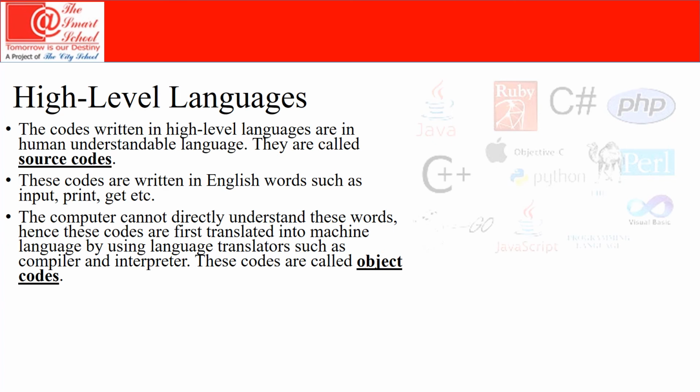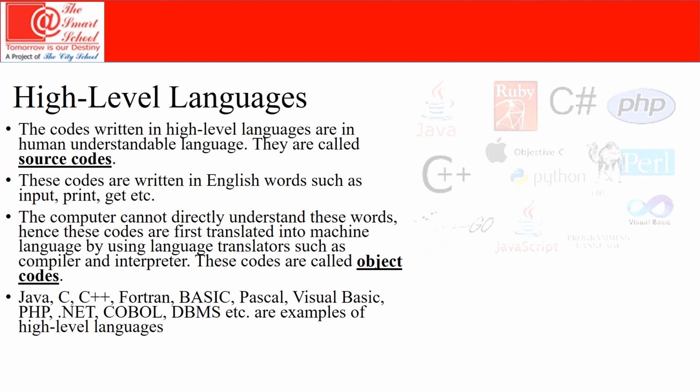Hence, these codes are first translated into machine language by using language translators such as compiler and interpreter. These codes are then called object codes. Java, C, C++, Fortran, Basic, Pascal, Visual Basic, PHP, .NET, COBOL, etc. are examples of high-level languages.